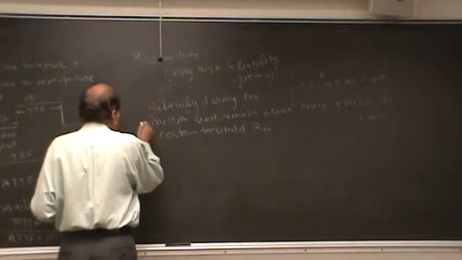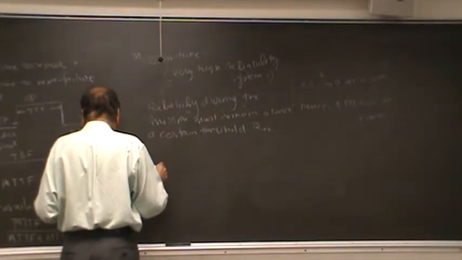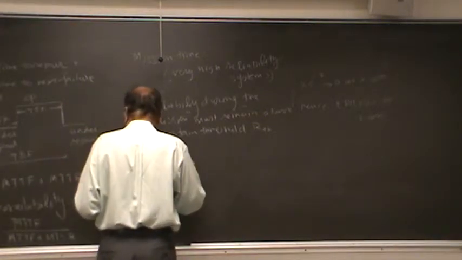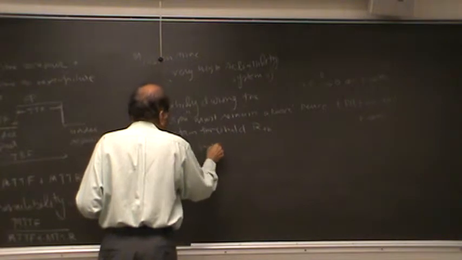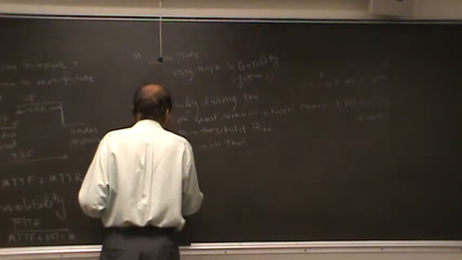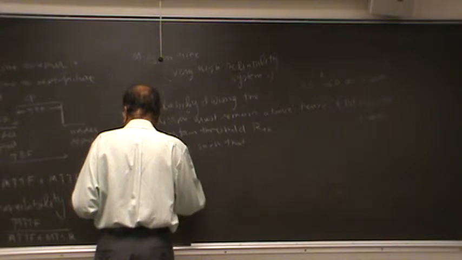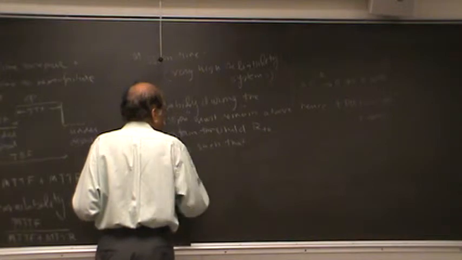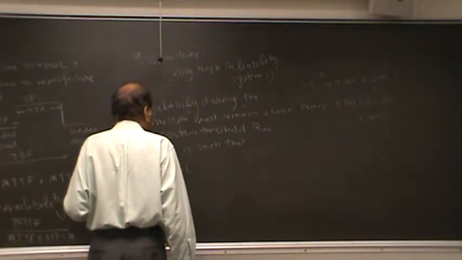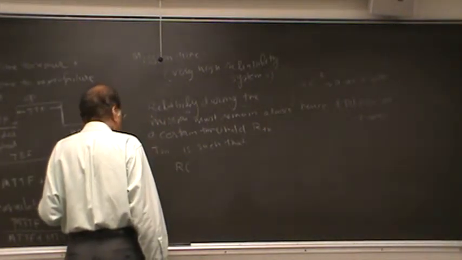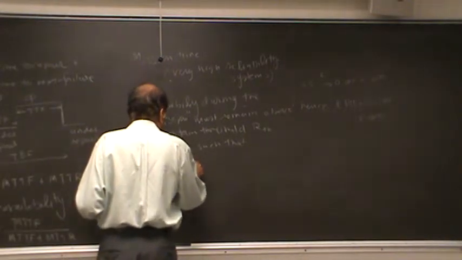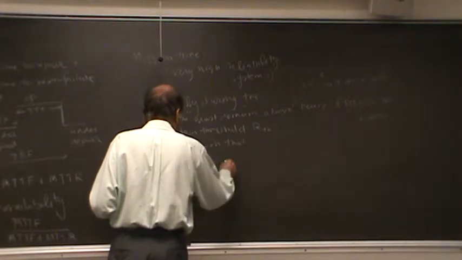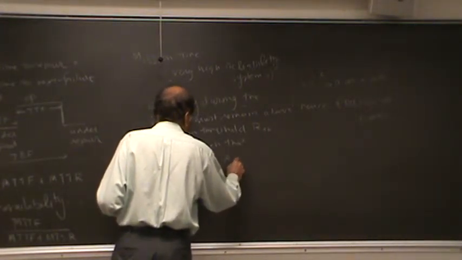So mission time is basically defined in this way, such that the reliability at mission time, let's call it T sub m, is greater than or equal to the threshold reliability.